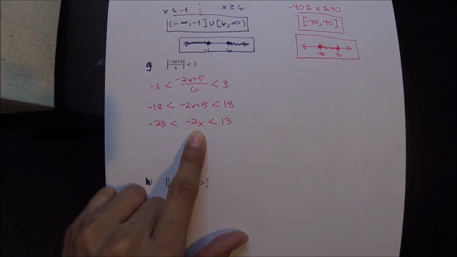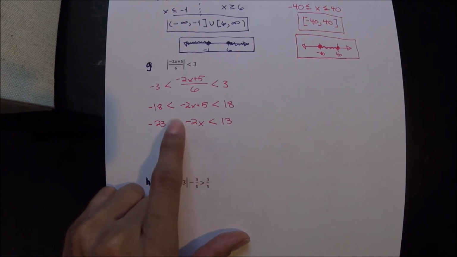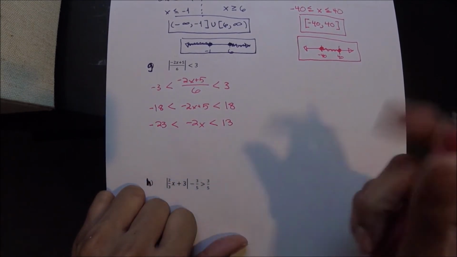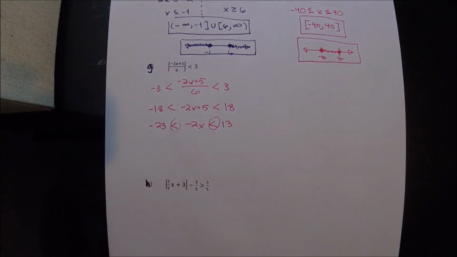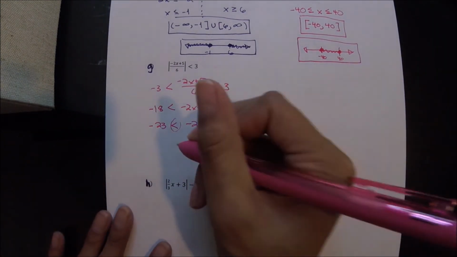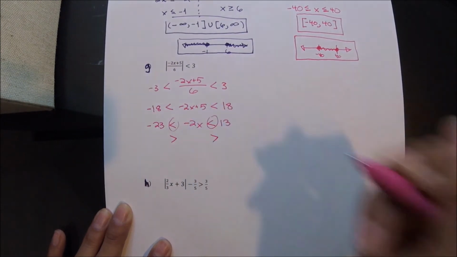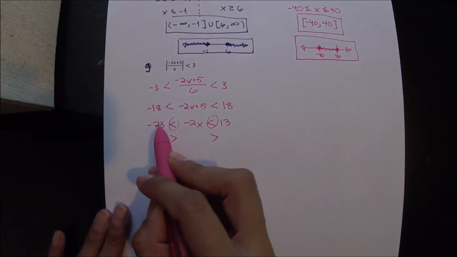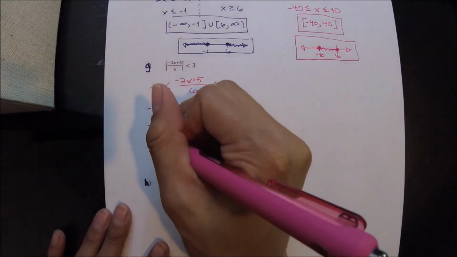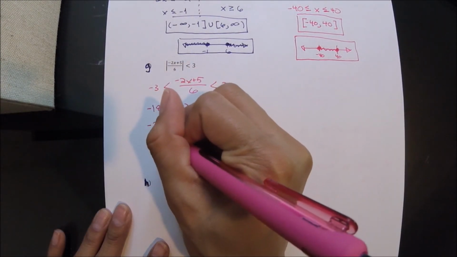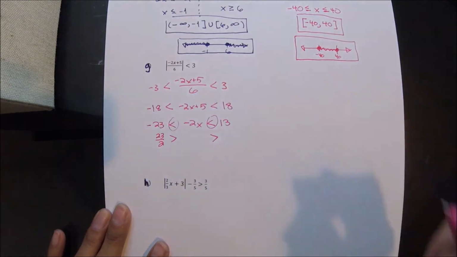So when you multiply or divide by a negative number and you're solving an inequality, what do you have to do with these? You have to reverse these symbols. So I need to go like that. Negative 23 divided by negative 2 is positive 23 over 2.